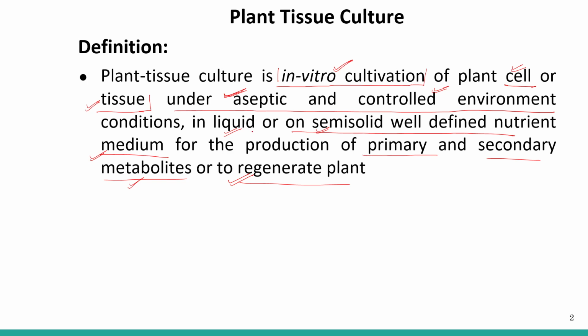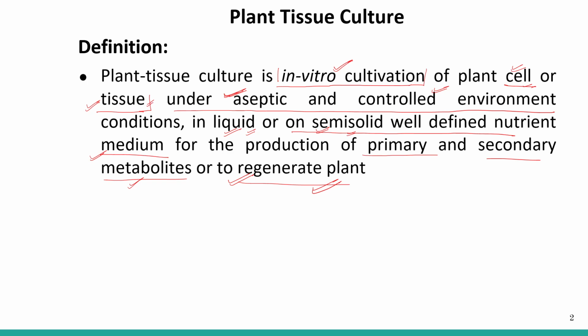The nutrient medium which you are taking, which has all the primary and secondary metabolites, is either in liquid form or in semi-solid form, and that helps to regenerate a new plant from the cell and the tissue which you have taken.